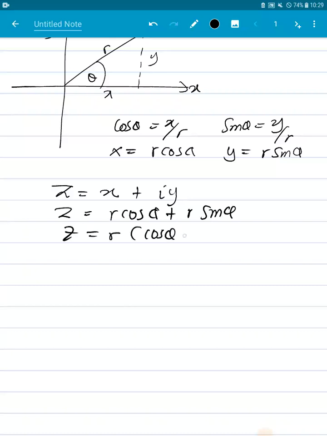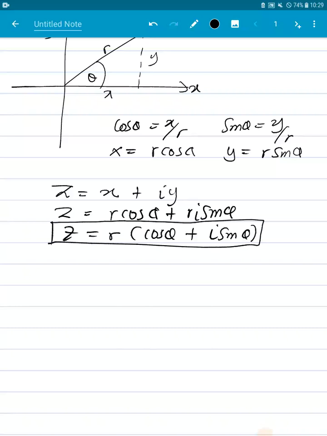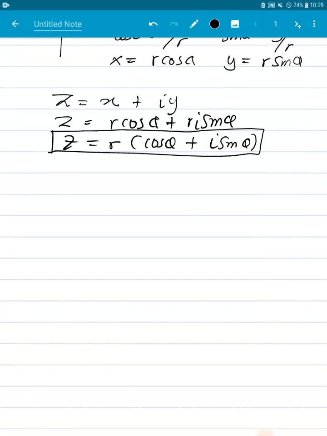So I've got r times cos theta plus i sin theta. This is a complex number in polar form. It's simple to derive. While theta is the argument, r is the modulus.